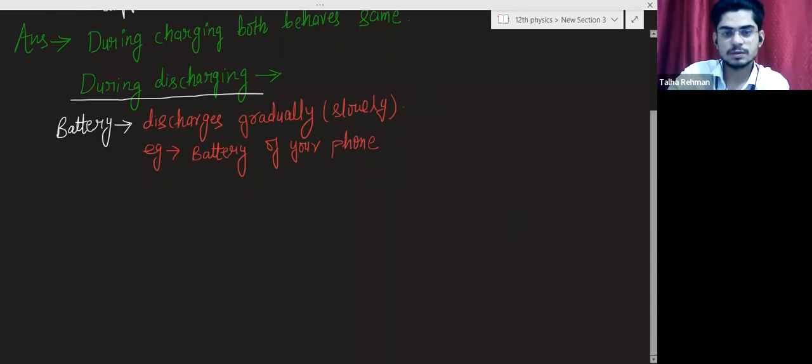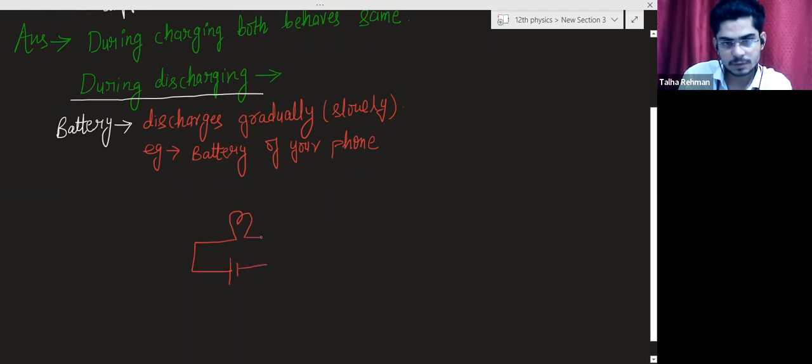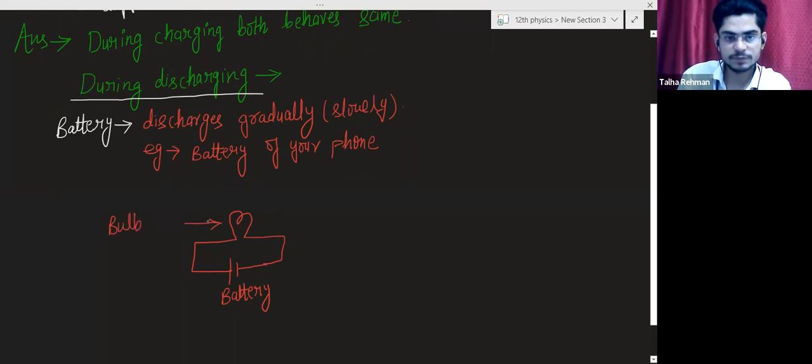And another example: suppose this is a bulb, and this bulb is connected with a battery. This is a battery, and this is the symbol of a bulb in physics, in electricity.